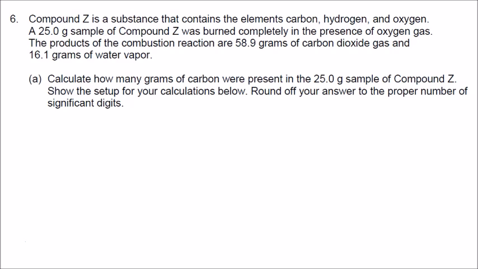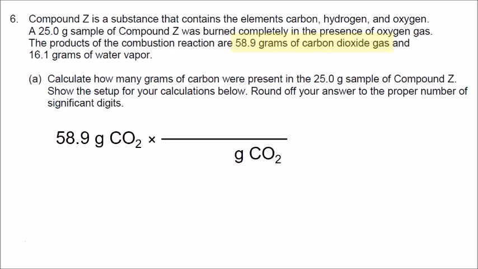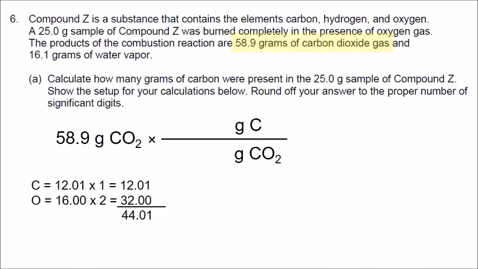Well, all of the carbon that was present in compound Z is now in the form of carbon dioxide gas. So let's start with 58.9 grams of carbon dioxide gas, and let's convert this into grams of carbon. Let's put grams of CO2 on the bottom, grams of carbon on top, and fill in the numbers which come from the data from the periodic table.